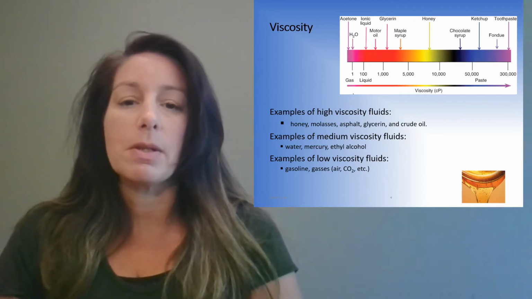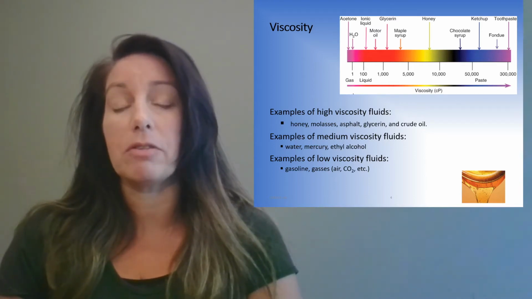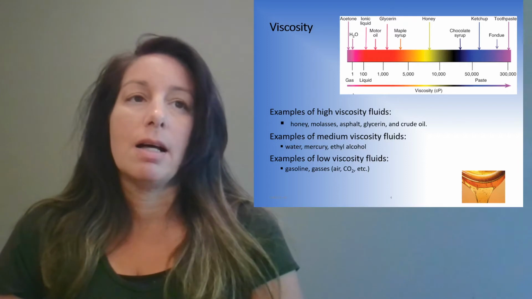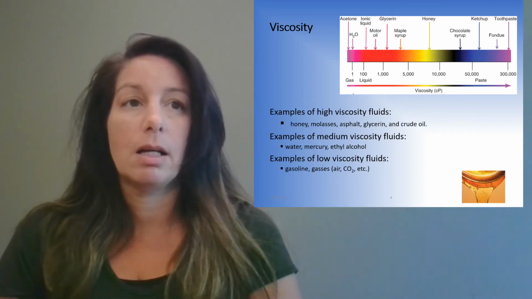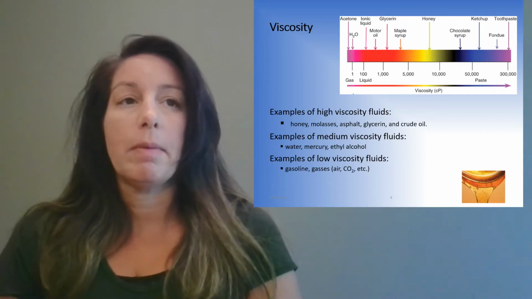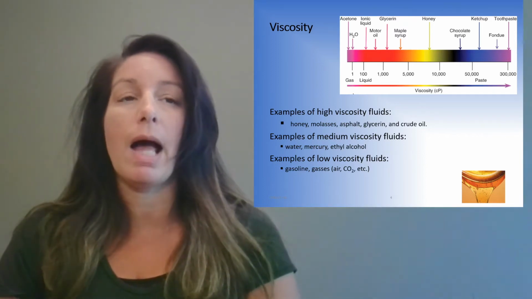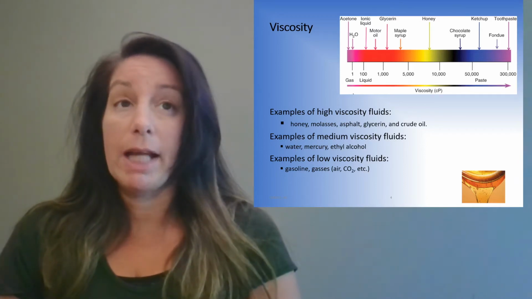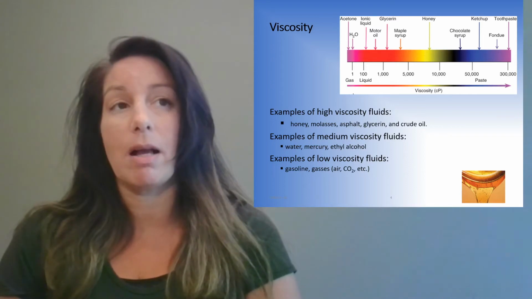So this is a viscosity graph. There's this unit called cP. We'll talk about it later on. It's a little bit dated, but it does show you how viscosity ranges in different fluids. We've got gases and liquids and something called paste.